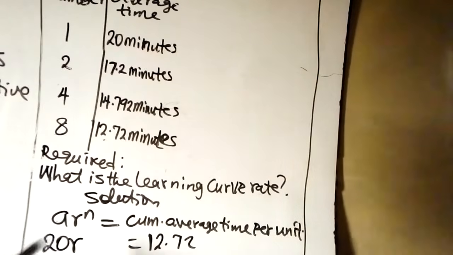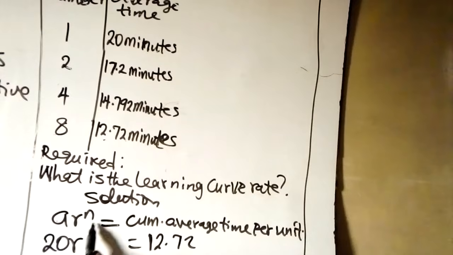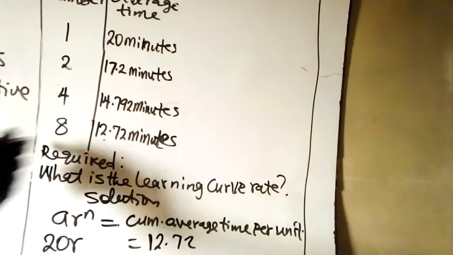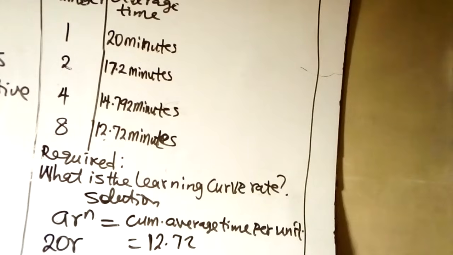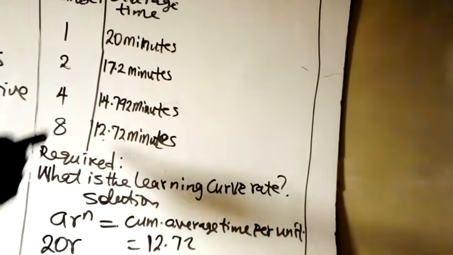R is the learning rate. And I've equally told you that N is the number of times the activity is doubled to obtain the cumulative output. So the cumulative output is 8. How many times will this activity be doubled to obtain 8?